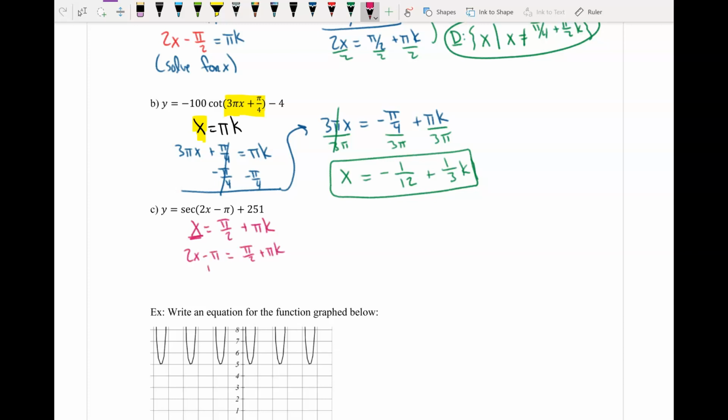So now let's add the pi over. So you get 2x is equal to, so this is going to be pi over 2 plus pi, that's going to give me 3 pi over 2 plus pi k. And now we're just going to divide this by 2. So x is equal to 3 pi over 4 plus pi over 2 k.